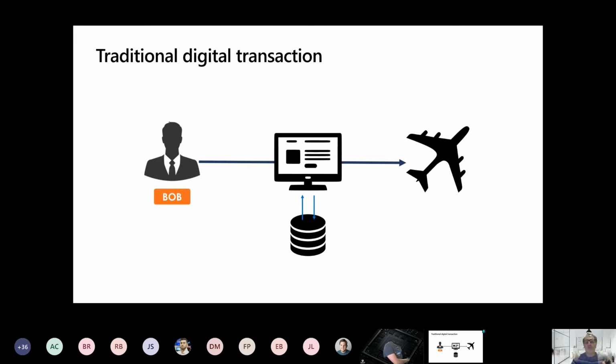And we are all coming from an IT background. We know that central databases or central resources in general represent a single point of failure. Now, don't get me wrong. I'm not saying the airlines, it can be a bank, it can be any other entity, represent a weak point.